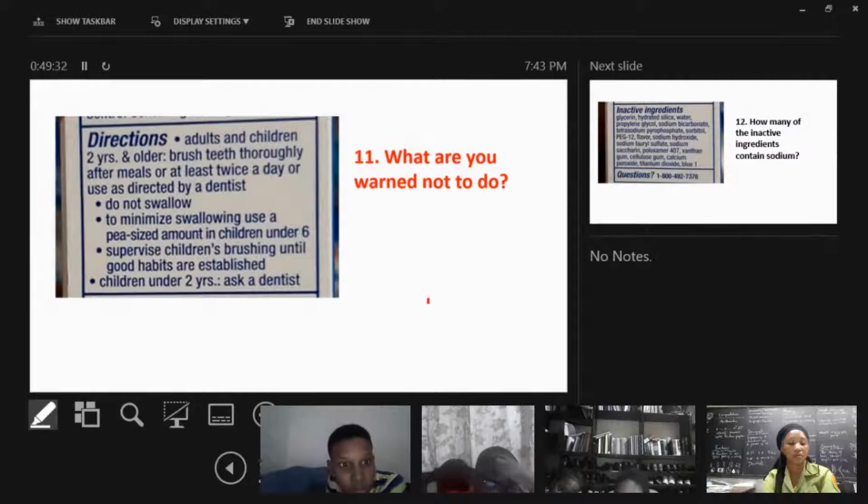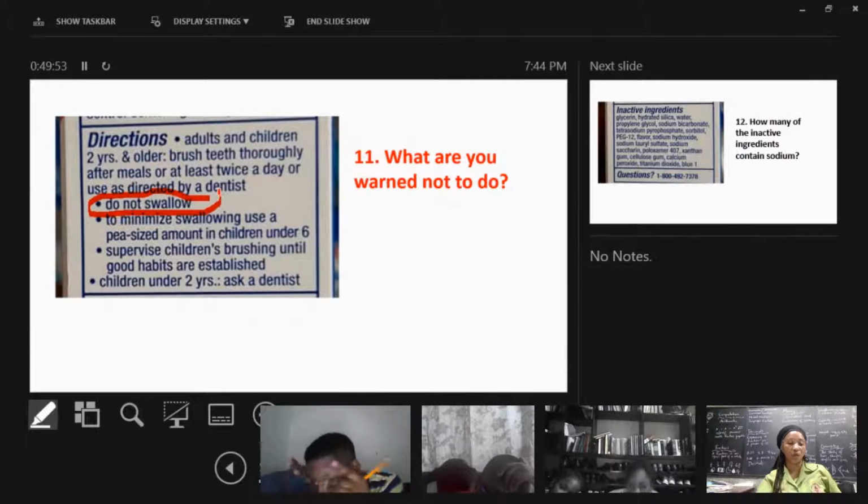Children under 2 years, ask a dentist. I would say do not swallow. All right, so here we have it. You're warned not to swallow the toothpaste.